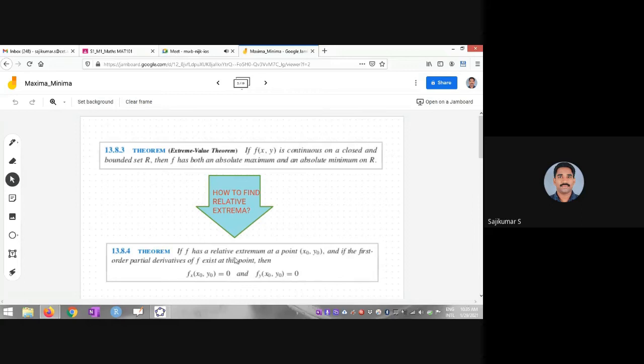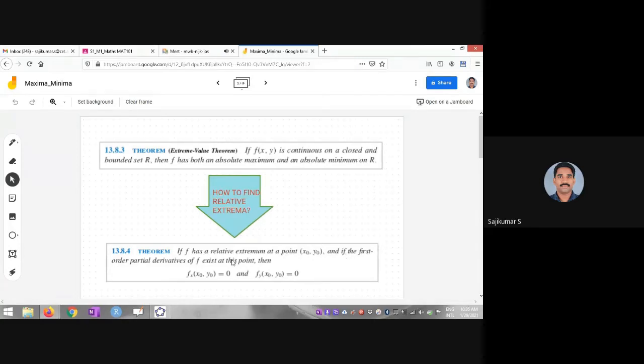That is a condition for the existence of a relative extremum, whether a relative maximum or minimum. Only if the first order partial derivatives exist can you have the condition that they are zero at that point.